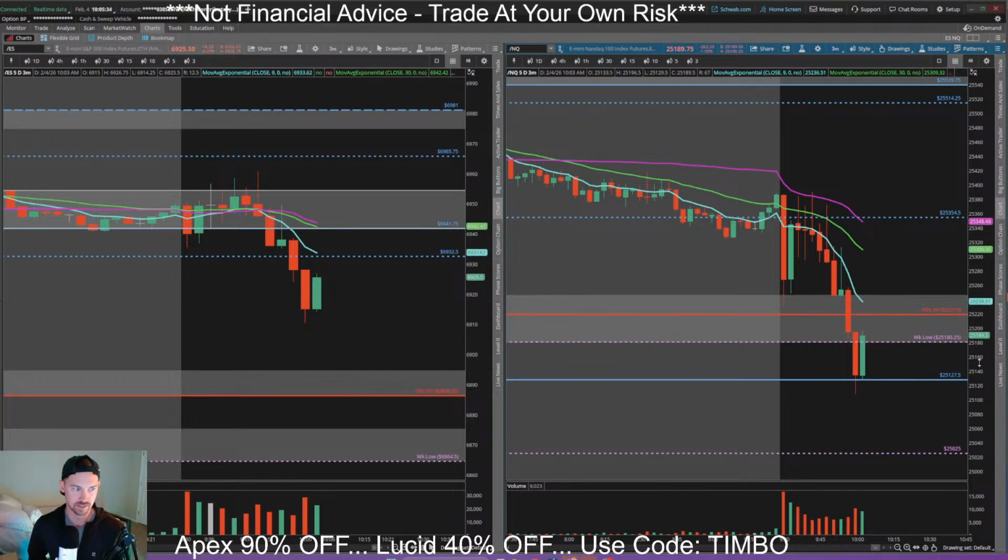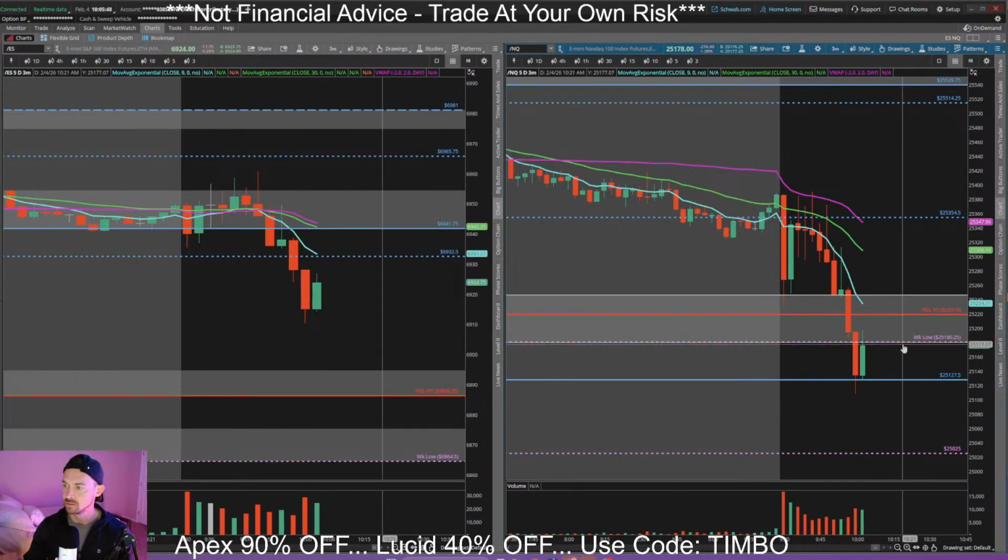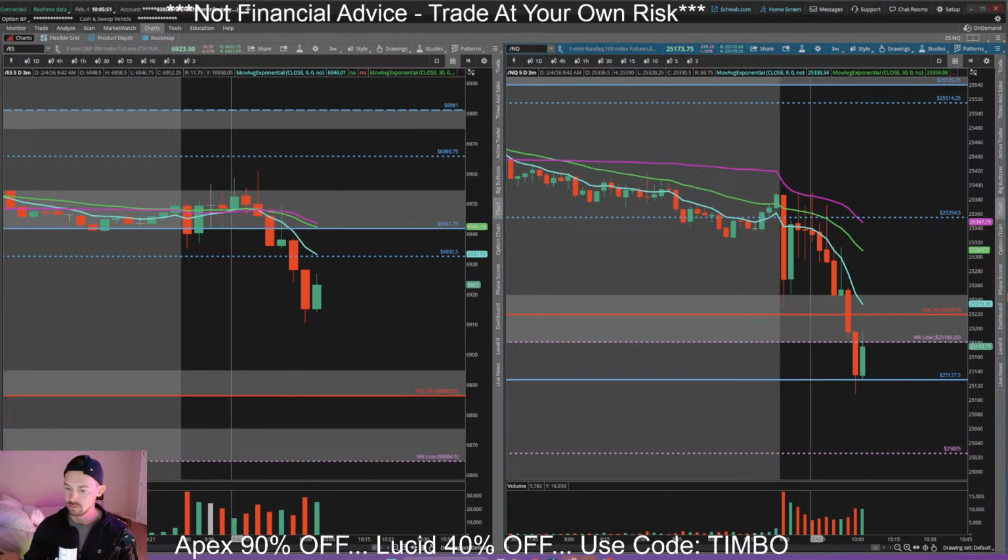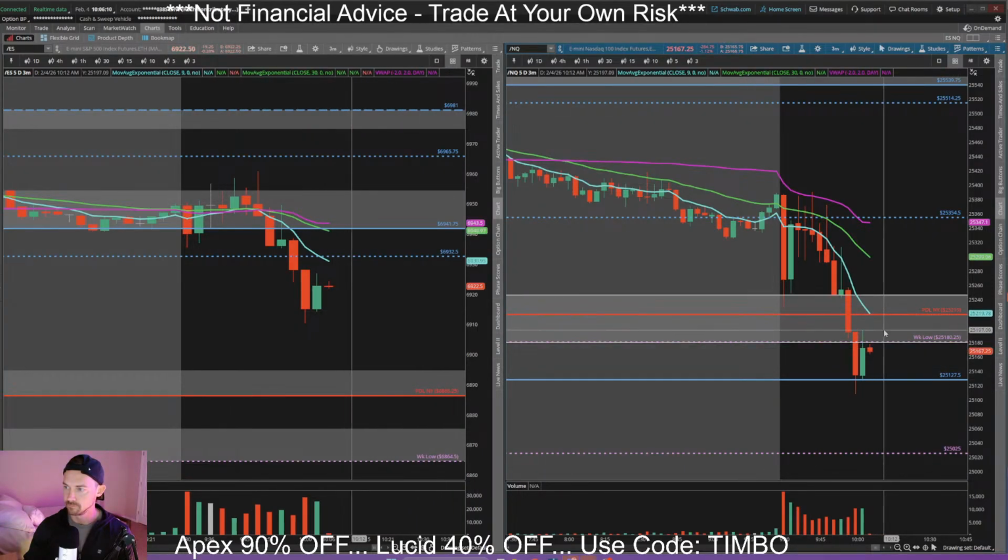Just want to see ES stay underneath that 32 level for the shorts. All right, there's a little rejection at the weekly low. See 180. See if we can get another little push up and rejection on NQ.